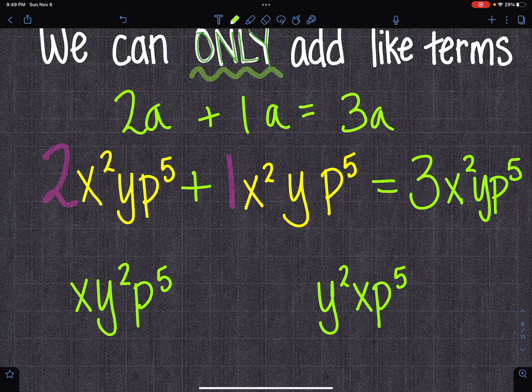You don't change the a. This whole thing is the a. This is the like term. That's different when you multiply. When you're multiplying two a's together, you get a squared. So the rule is different when you multiply, but when you add, you keep those variables the same, and you can only add like terms.